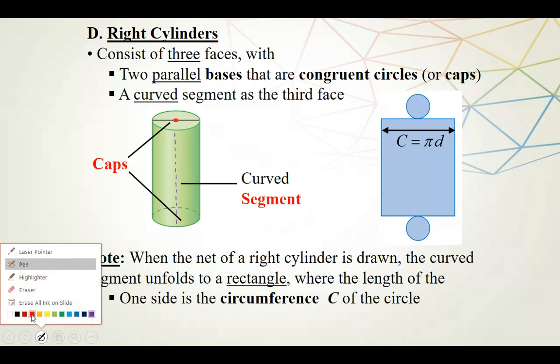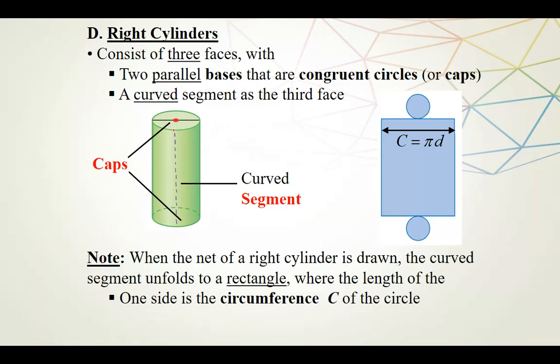If we take the top cap, the circumference is the distance around the circle, the outside of the circle one time, or its perimeter. If you were to take this circumference and make this cut and unfold the curved segment, this circumference here, C, would end up being equal to this length all the way across. So we're going to have to do a circumference calculation when we determine the surface area of the cylinder.